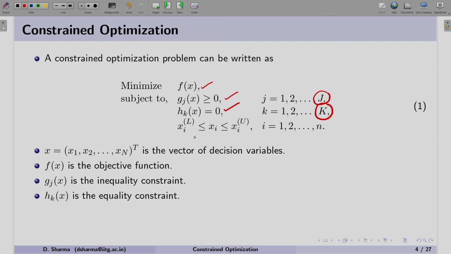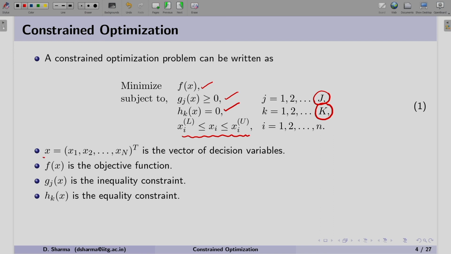Apart from that, the problem can have the variable bounds. So, as we can see in equation number 1, we are minimizing a function which is subjected to inequality constraints, equality constraints and the variable bound.